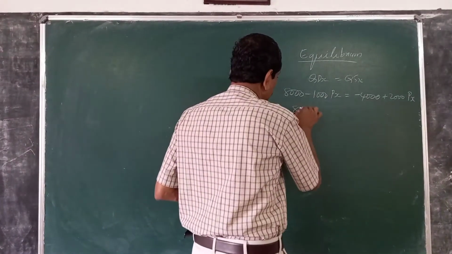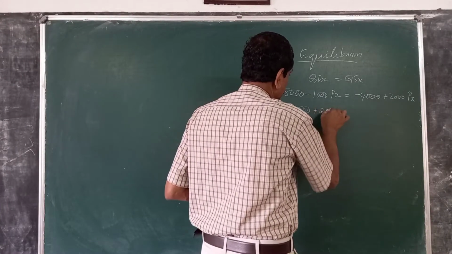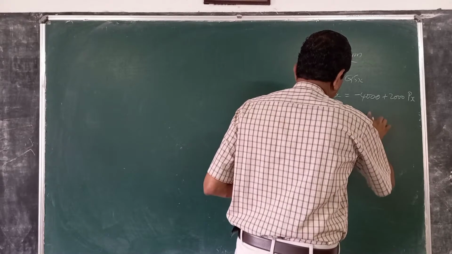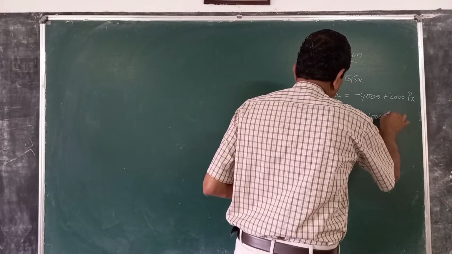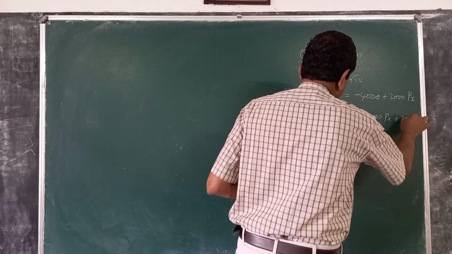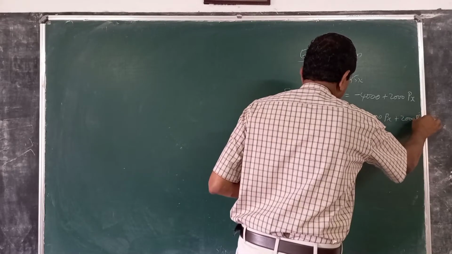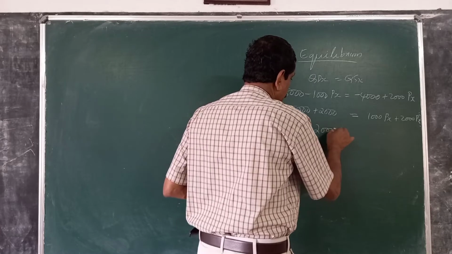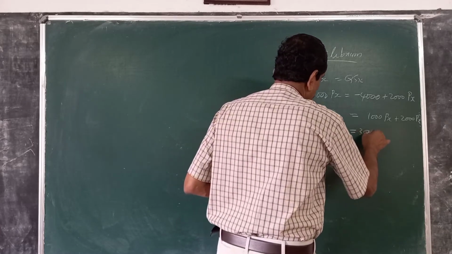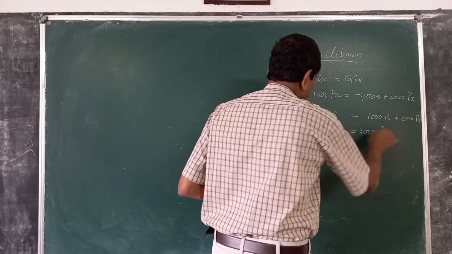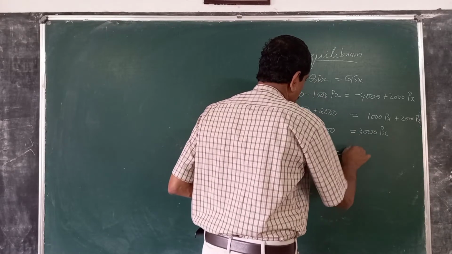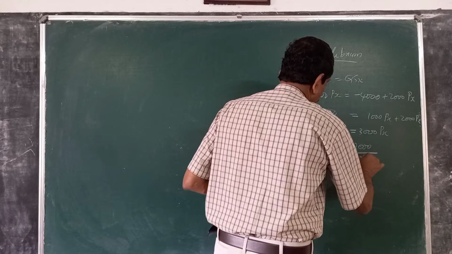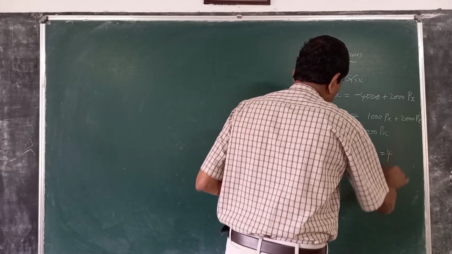Now 8000 plus 4000 is equal to 1000 Px plus 2000 Px, or 12,000 is equal to 3000 Px, so Px is equal to 12,000 by 3000, which is equal to 4.